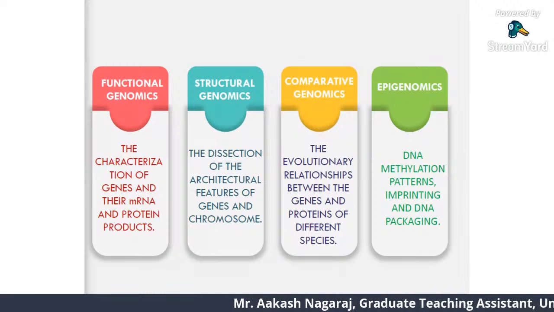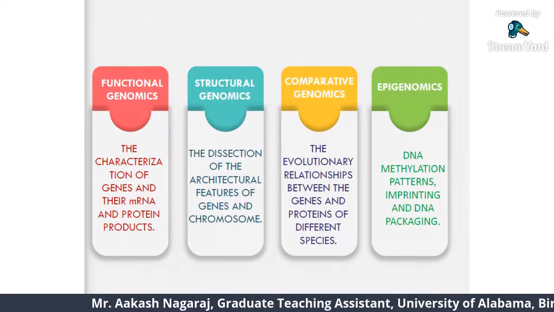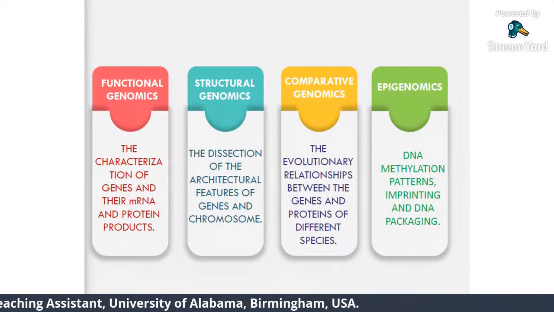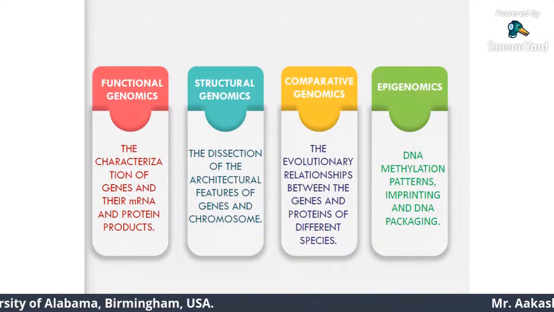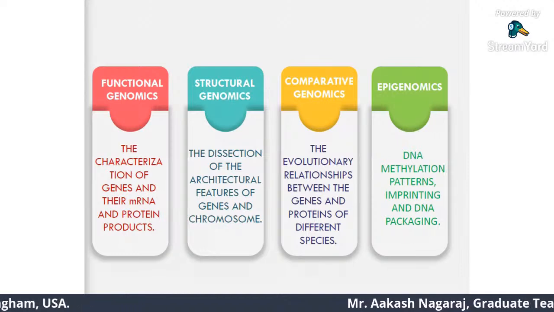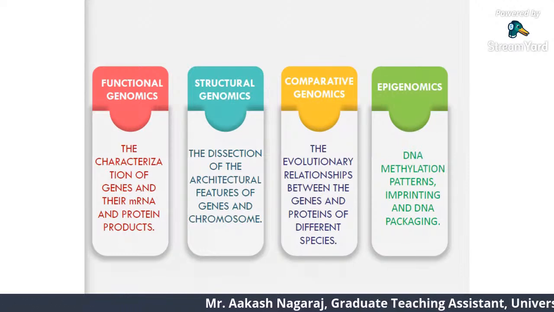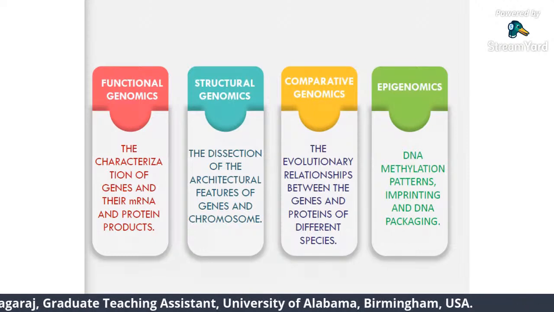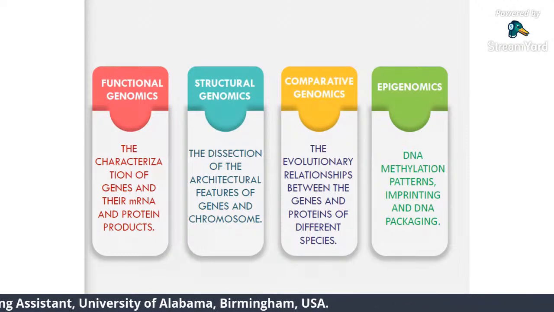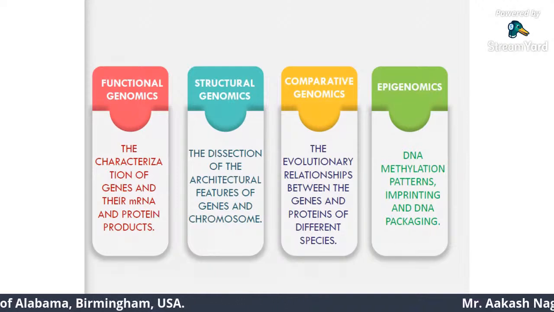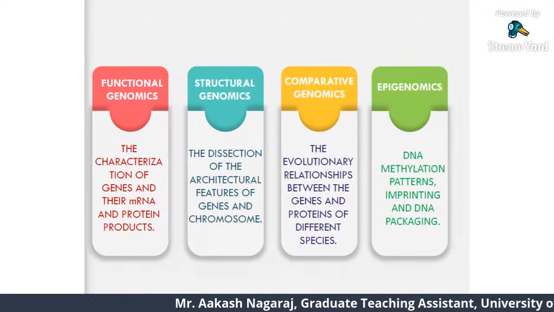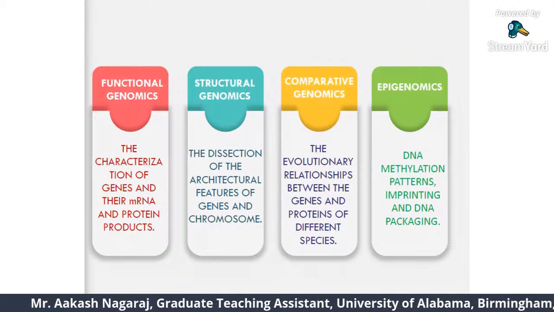And comparative genomics is the study of the evolutionary relationships between genes and proteins of different species. So we can compare genes of different species such as human beings and other primates, suppose chimpanzee, or even different plants or different bacteria, to see how the different genes have diverged.